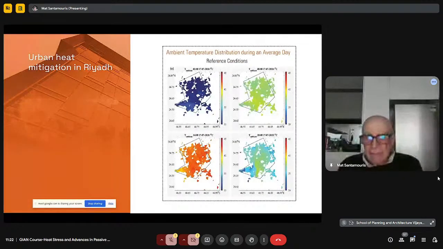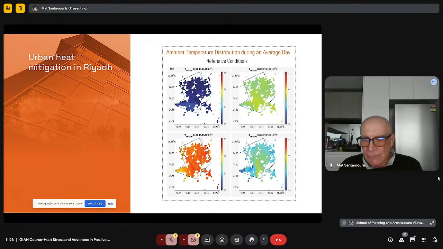So, we have defined the reference conditions, which refer to the actual conditions. The analysis of the climatic data from the 16 stations provides important information, but does not provide a detailed temporal and spatial variation of the main climatic parameters in the city.